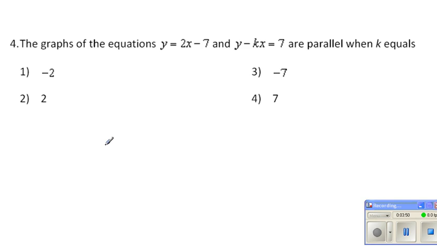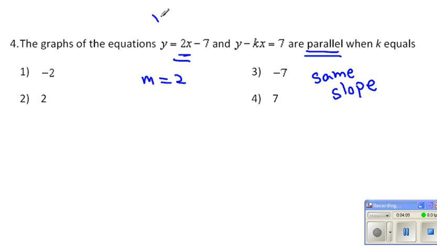Alright, next question. The fact that those two lines are parallel, it means same slope. So let us try to figure out the slope here. Slope here, we realize it to be 2. That's what the slope is from y equals mx plus b format. Now, how about here?